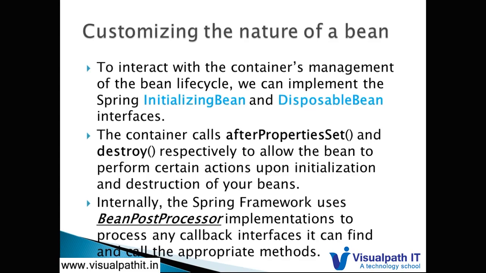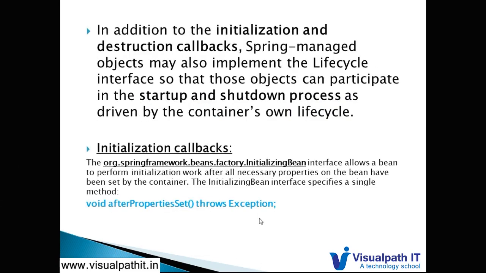When the container calls afterPropertiesSet and destroy respectively, it allows that particular bean to perform certain actions upon initialization and destruction of our beans. Internally, the Spring framework uses the BeanPostProcessor implementation which we saw to process any callback interface, find it, and call the appropriate methods.